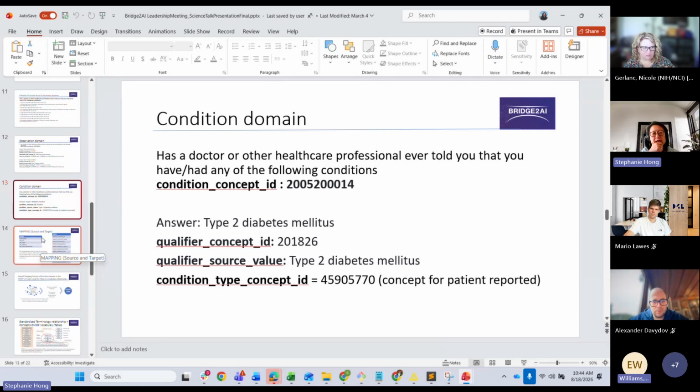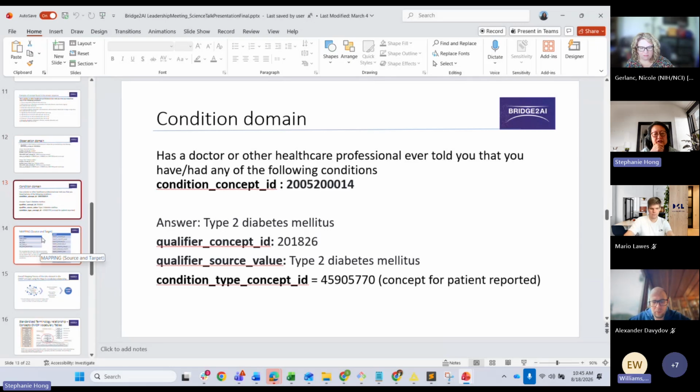So you put that in the observation domain, saying that I was able to identify this condition myself. And the provenance of that data, again, is that you specify the survey instrument that was used. But if the question itself resulted in actually identifying a condition like dementia or stroke or type 2 diabetes, then we also mapped that data into the condition domain, saying that this was not from an EHR data set, but from survey data.